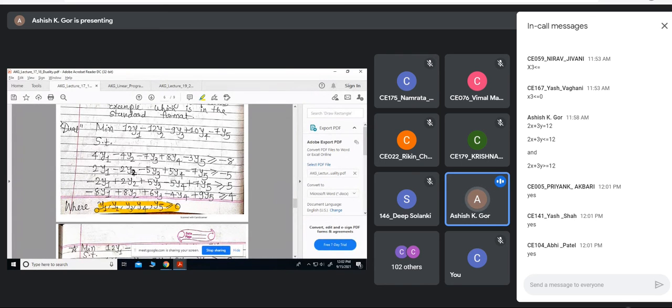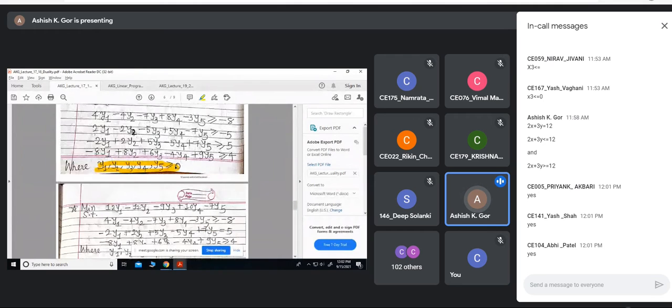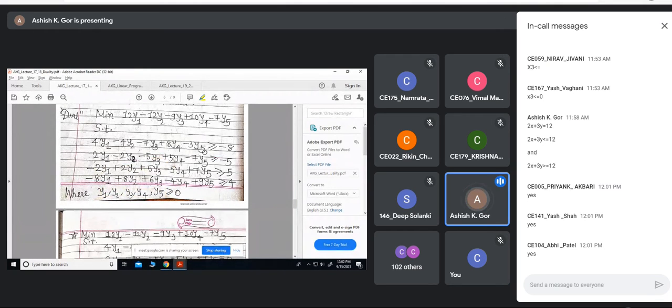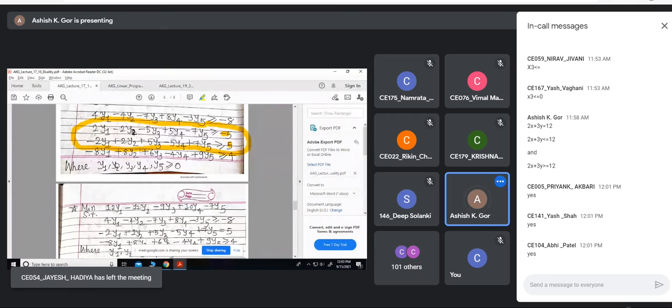All variables are non-negative. Now you see here I can combine these two. I'm doing the reverse process now. I'm combining these two so that I can make an equation. You see the second and third, this shaded area, they differ only in minus 5 and plus 5. So if I combine these two, I will get an equation: minus 2y1 plus 2y2 plus 5y3 minus 5y4 plus 7y5 equal to 5.